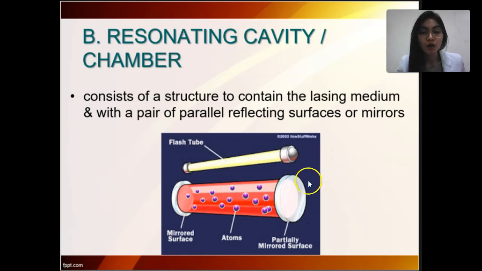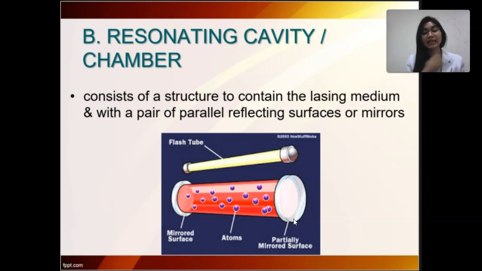If you notice, only one end is a partially mirrored surface. Because if it's not a pure mirror like we have on this end, it won't reflect 100%. Some would be allowed to pass through.